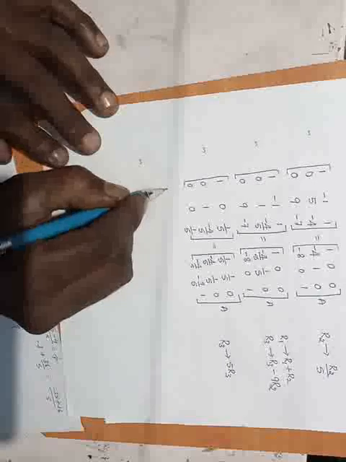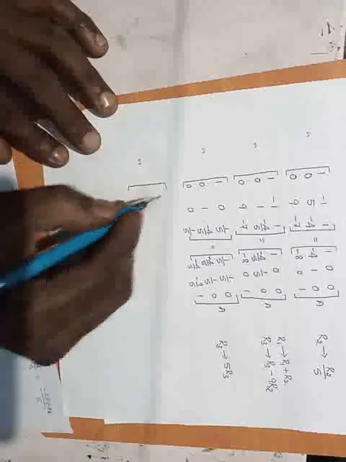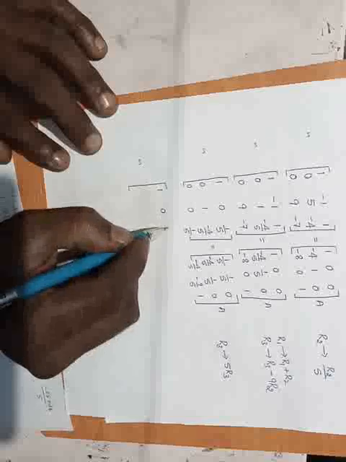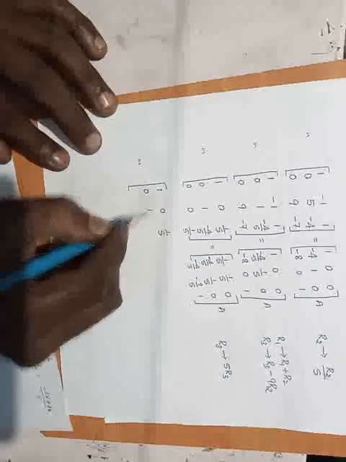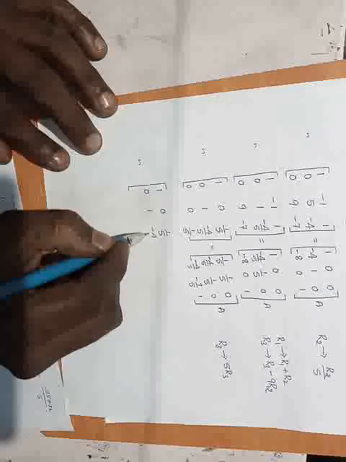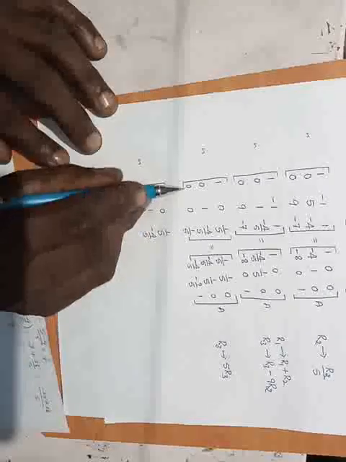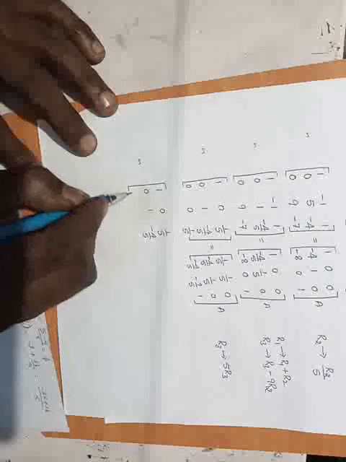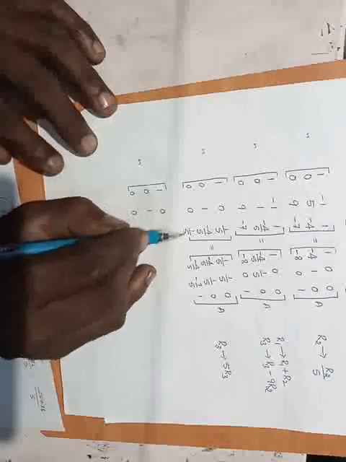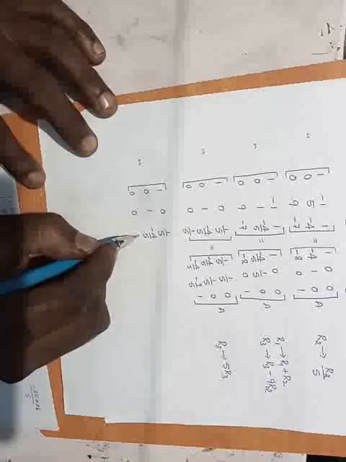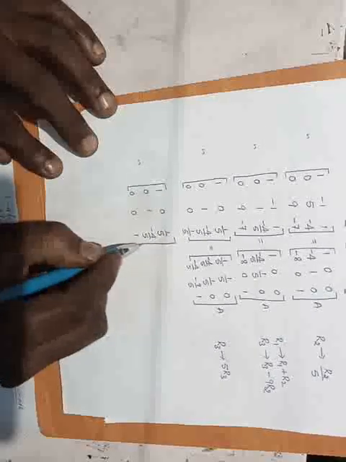So therefore now the matrix is equivalent to 1 0 1 by 5, next 0 1, it is minus 4 divided by 5. Now this element 0 into 5 is 0, 0 into 5 is 0. What is 5 into 1 by 5? 5 gets cancelled, we get 1. This is what we get.